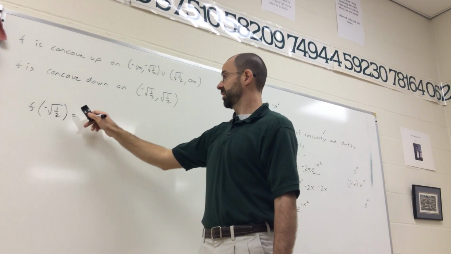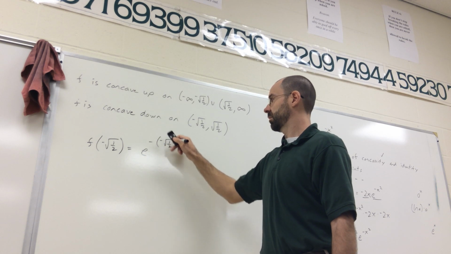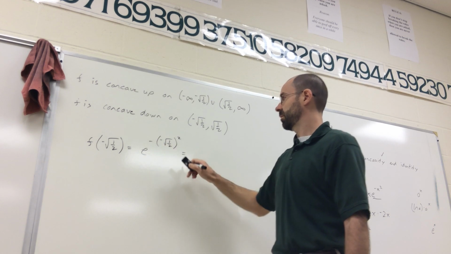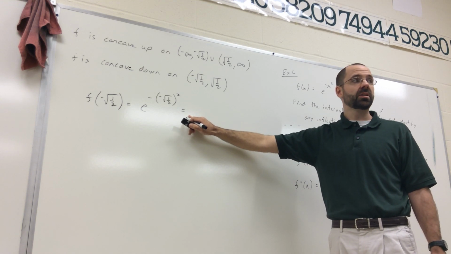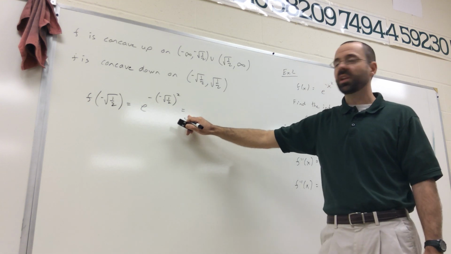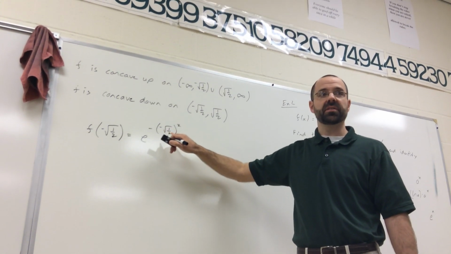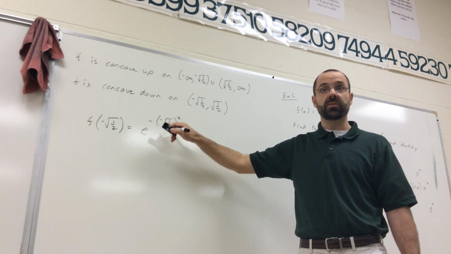So f of x was e to the negative x squared. I'm just putting negative square root of a half in for x in my original. And when you square a negative, it's going to come out positive. And when you square a square root, it's going to get rid of the square root.